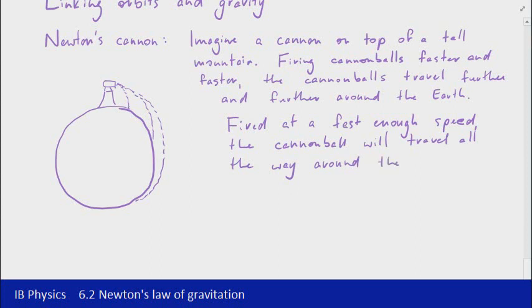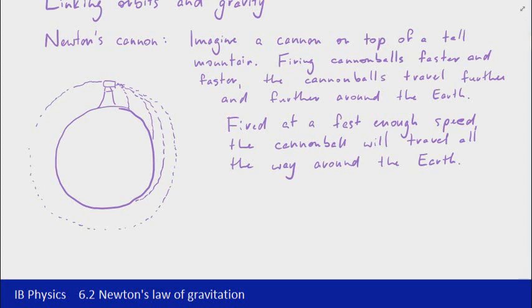It's probably the easiest way to explain it. As a result, that cannonball, as it travels around, is continuing to change its path, falling down towards the Earth, but the surface of the Earth is likewise falling away from the cannonball, and so that cannonball continues to move all the way around the Earth and ends up hitting the cannon.